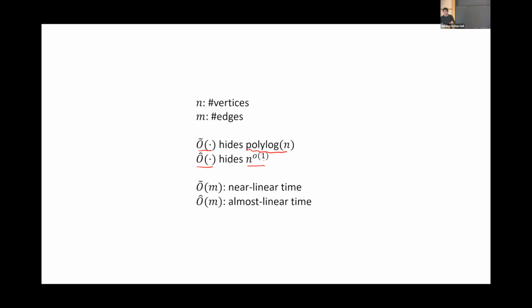Usually I will just ignore polylog and n to the little o(1), this subpolynomial factor. When we have Õ(m), I call it near linear time. And when we have Ô(m), I call it almost linear time. This is the terminology fast algorithm people usually use.